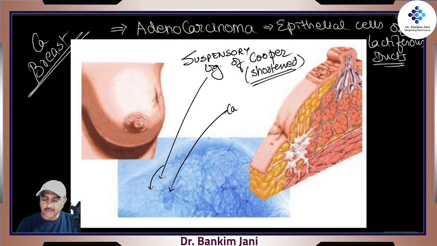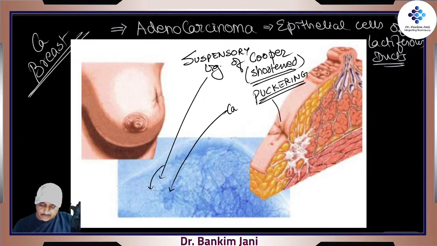When they are shortened, it leads to the classical description of what is called puckering of the skin. The word is puckering, P-U-C-K-E-R-I-N-G. This is what is called puckering. The skin is pulled inside, irregular. This is very important, and it is due to the suspensory ligament of Cooper being shortened, which leads to puckering.